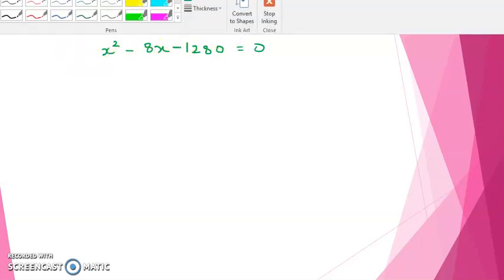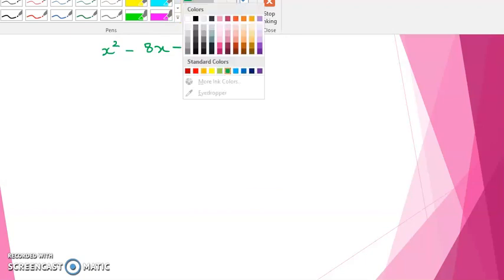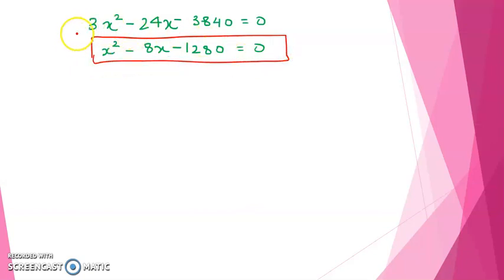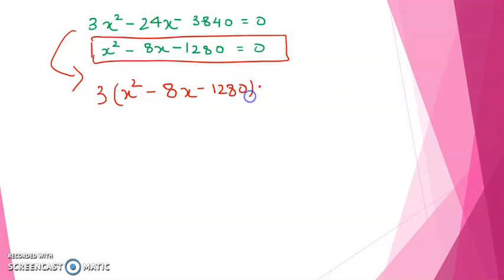Okay, students, so this is the way we have got the quadratic equation. I hope you have followed what I have done. I have divided by 3. Let me highlight this, then it will be easy for you to differentiate. So x square minus 8x minus 1280. What I have done here is taken 3 common. If I take 3 common, x square is left inside, minus 8x, and here minus 1280 is equal to 0.